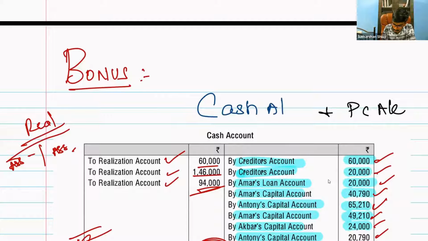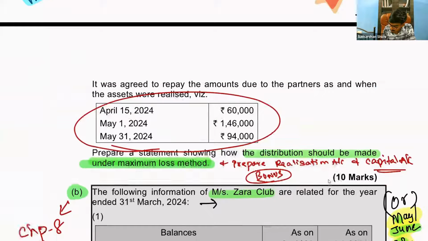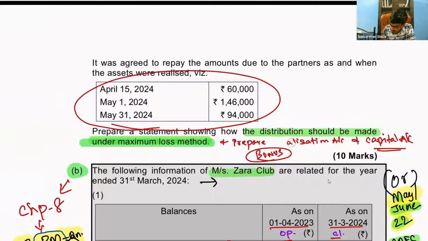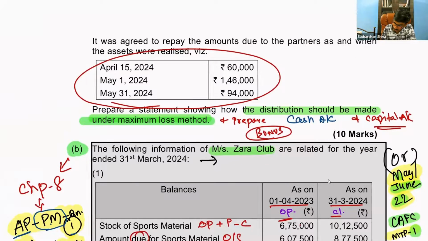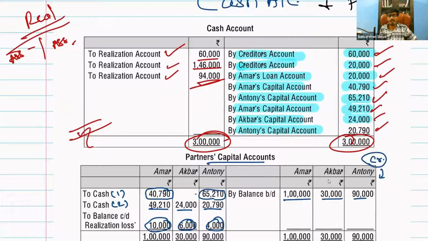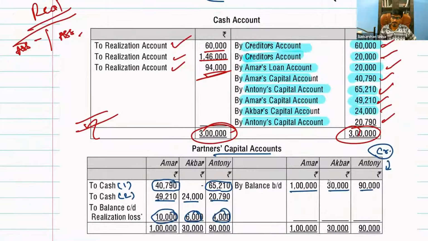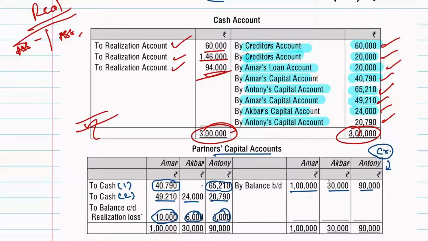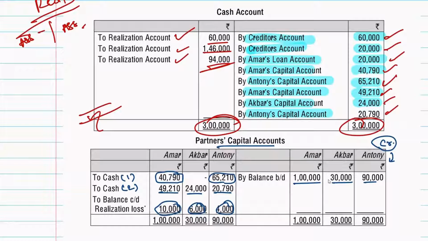Here also change this to cash account. Okay, cash and partners' capital account. Are you able to understand this new concept which is not there in your study material? Not a new method, it is an extension of that maximum possible loss method. Are you able to understand? Yes, sir. Yes.